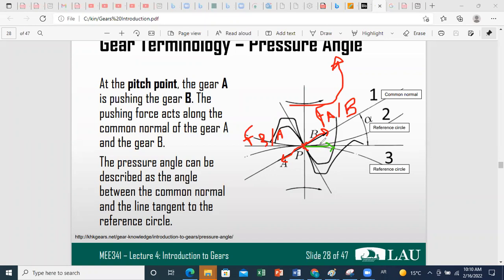Okay, so I just have to project by multiplying by the pressure angle. So we do F_AB cosine alpha. This will give us the projected force. We multiply it by the pitch radius of our gear 1. We get the torque that is involved, and then this will lead to a rotation of our gear.